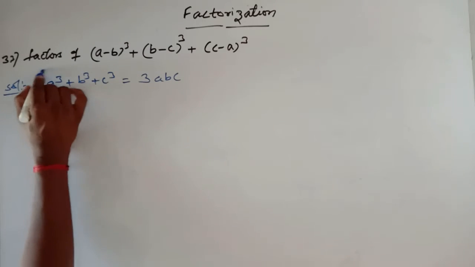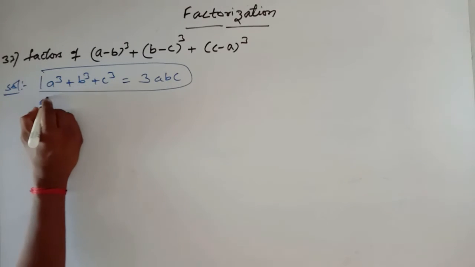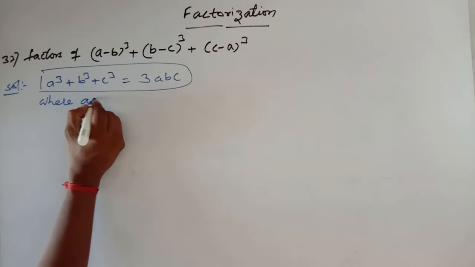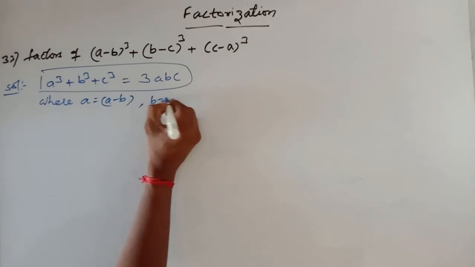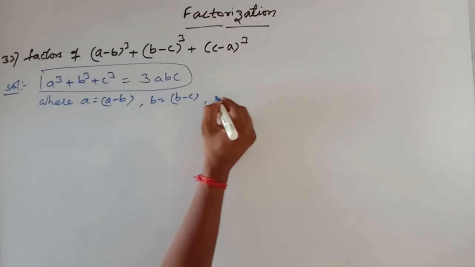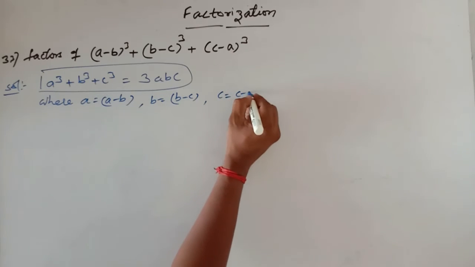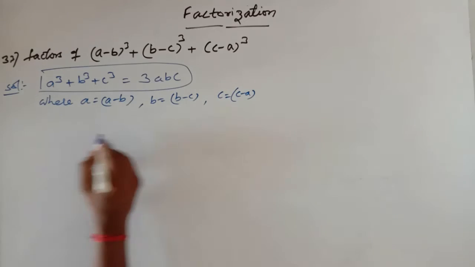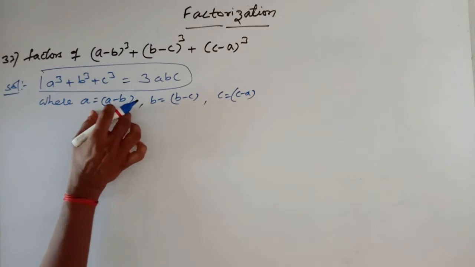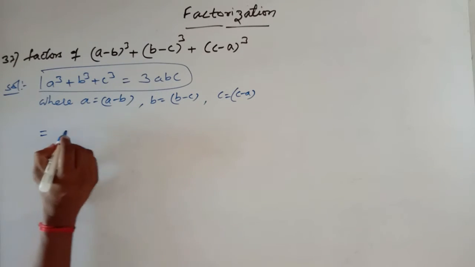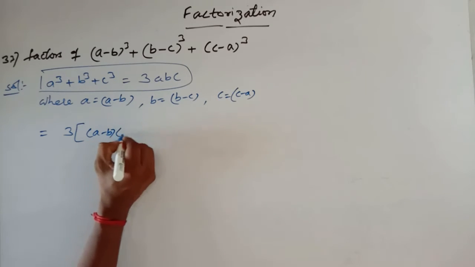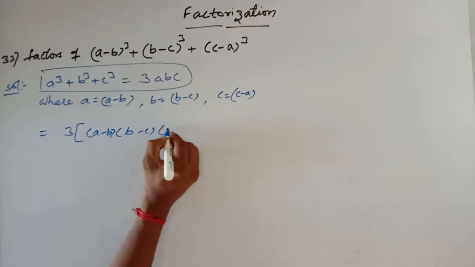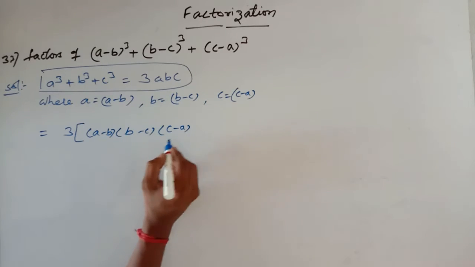One identity is there where a equal to a minus b, comma b equal to b minus c, comma c is equal to c minus a. So I am going to substitute these values here. That value is 3 into a minus b into b minus c into c minus a.